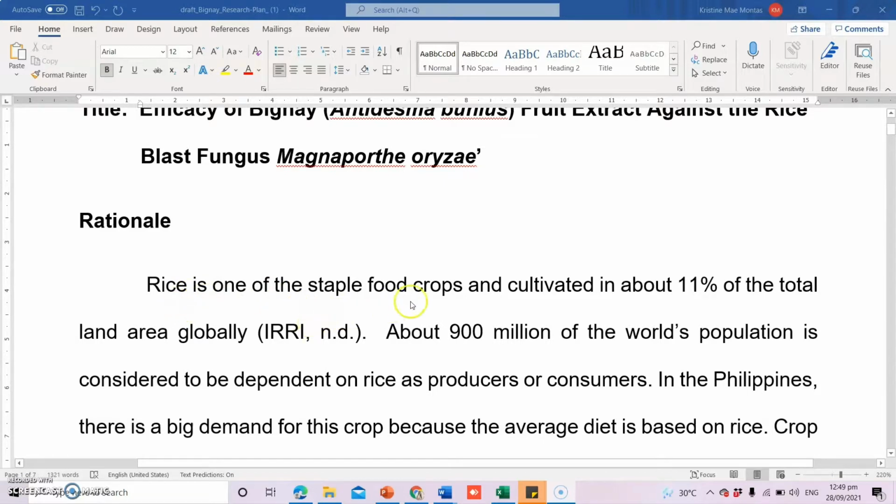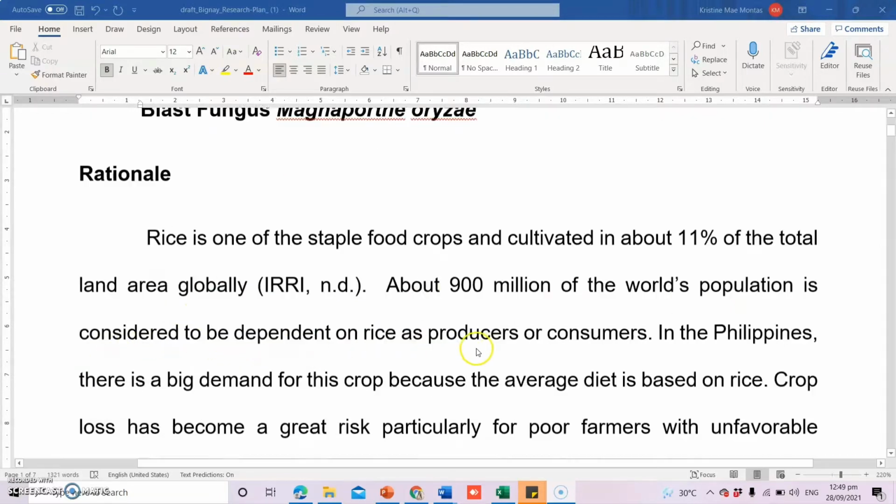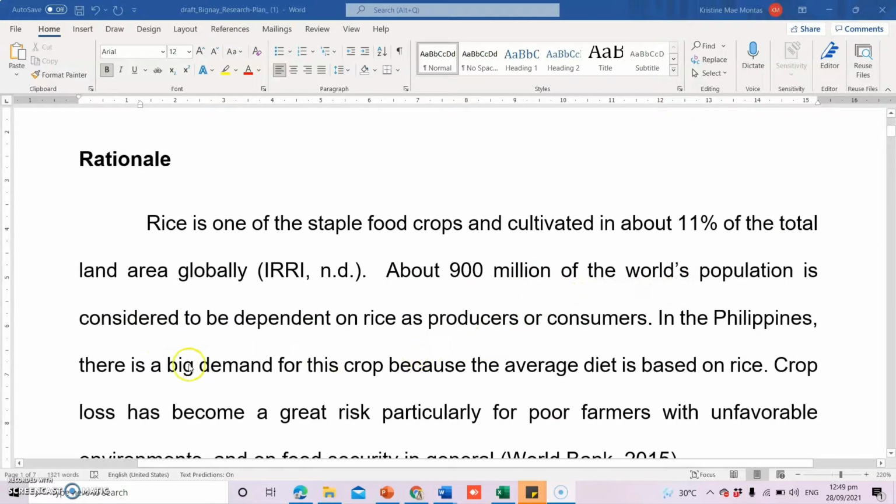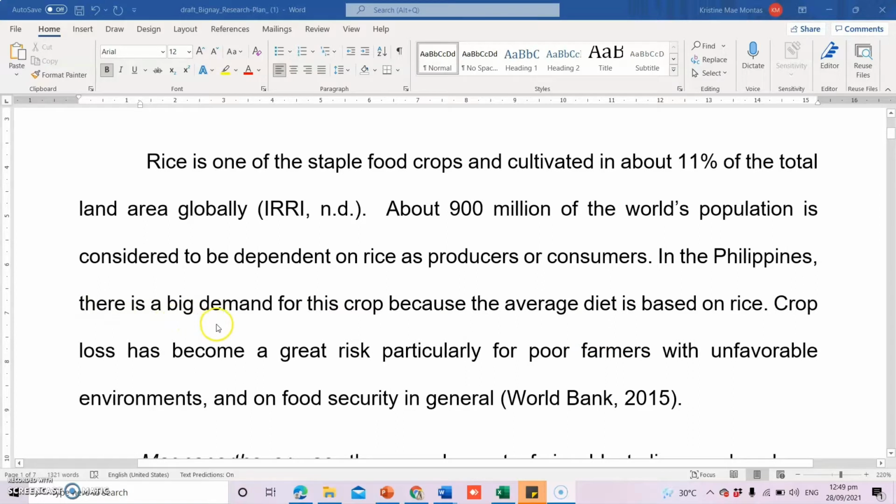Rice is one of the staple food crops and cultivated in about 11% of the total land area globally. About 900 million of the world's population is considered to be dependent on rice as producers or consumers. In the Philippines, there is a big demand for this crop because the average diet is based on rice.